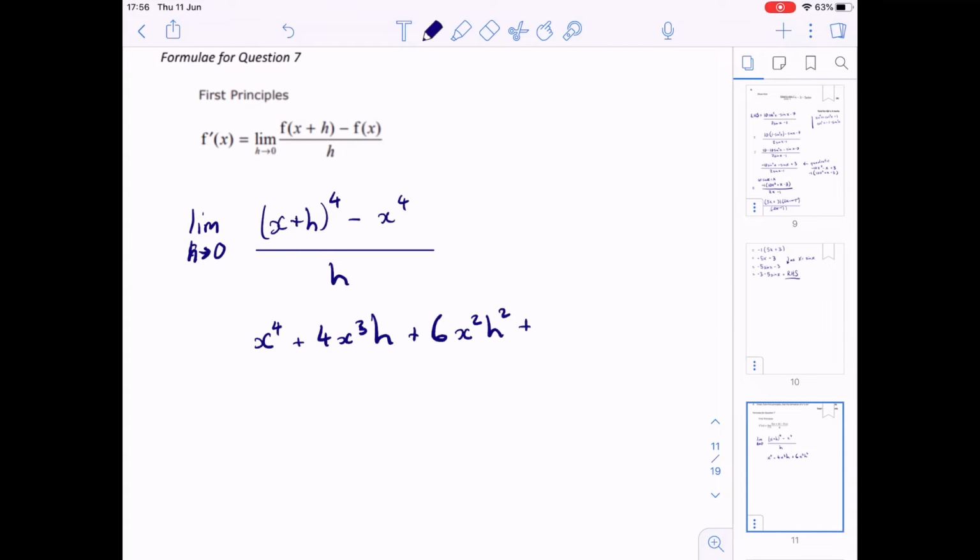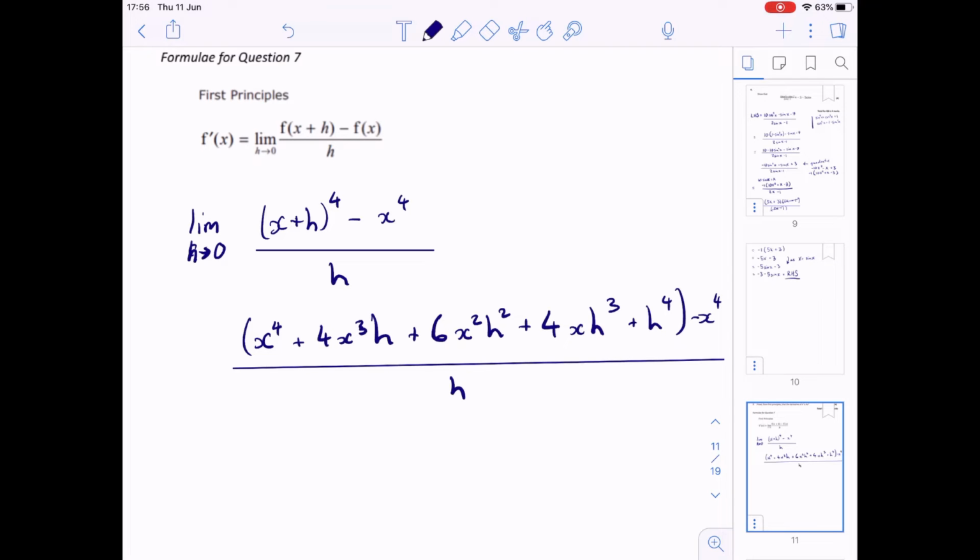And due to symmetry, we'd now start working back. So this would be xh cubed and then plus h to the 4. And I've still got that minus x to the 4 on that far side, all over h.